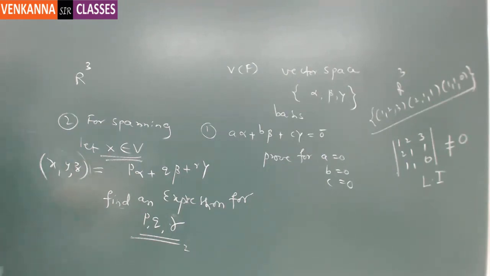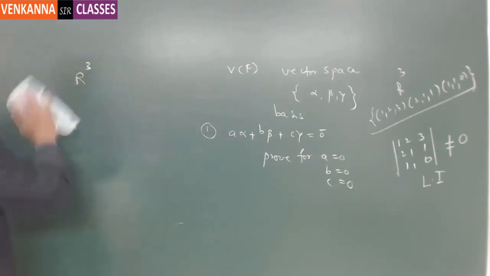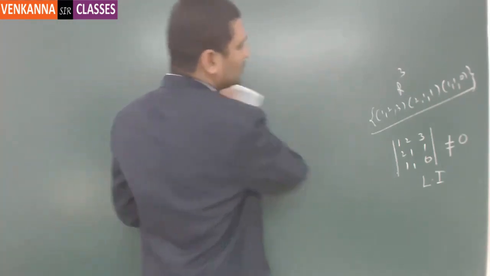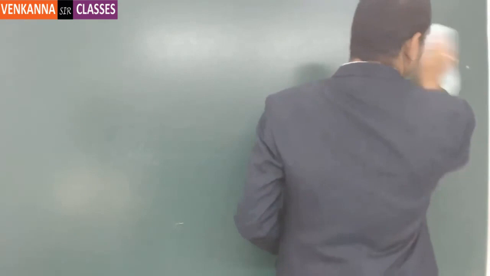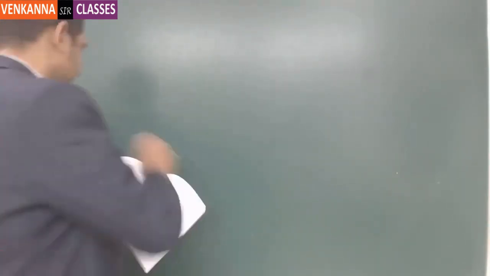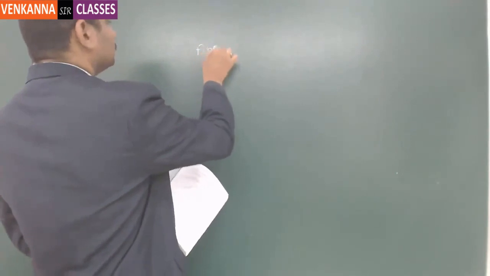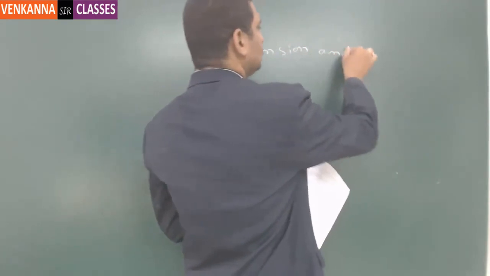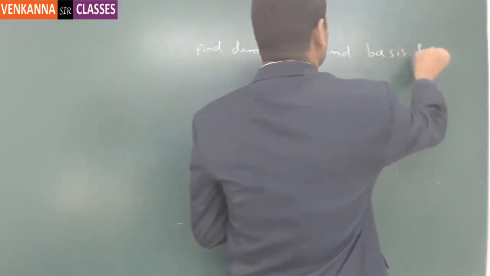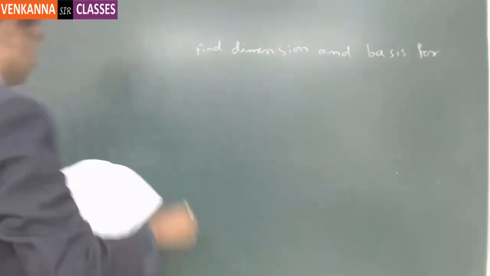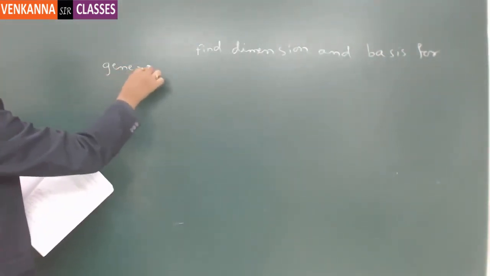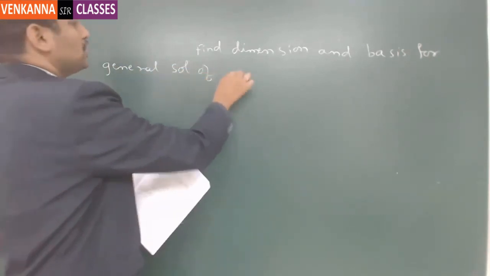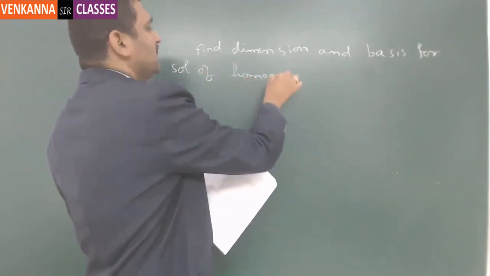So now let us take one of the previous year questions. Let us do some problems. The first one is: find dimension and basis for general solution of homogeneous system.